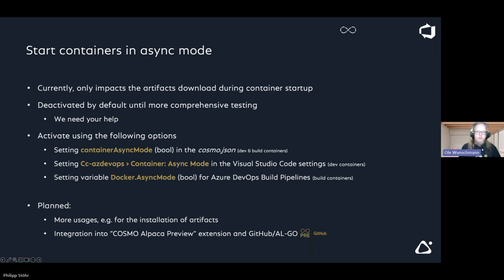Right now it's only available for the, I'm not sure, current version of the VS Code extension and Azure DevOps, but we have already planned to also implement the same feature for the preview extension and GitHub ALGO workflows, and we are also planning to add more usages for the async mode, as an example for the installation of artifacts and other things that can be run asynchronous on startup.